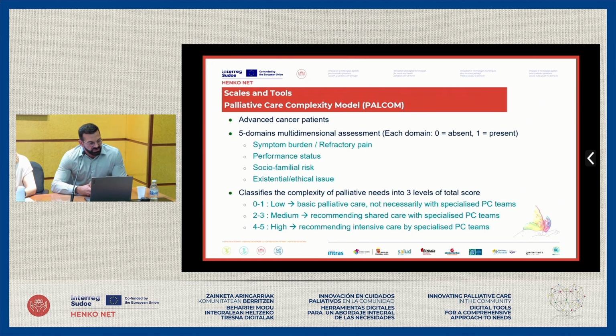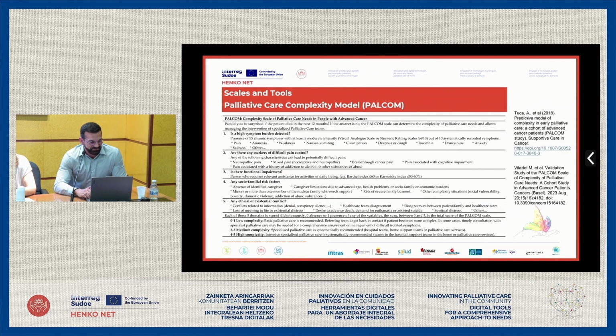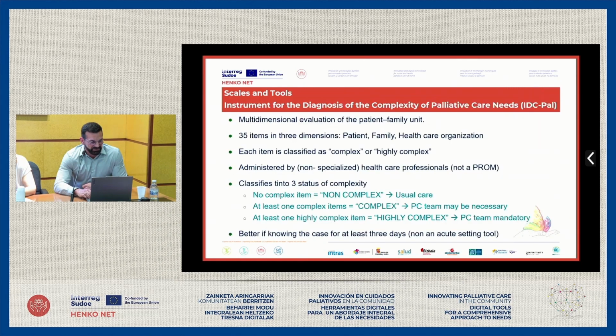The first level identifies patients who do not necessarily need specialized palliative care. The second level, with a score of 2 or 3, leads to a medium complexity, recommending shared care with specialized palliative care. And the last level recommends intense care by a specialized team. So this is what PALCOM looks like, and you also have the references.